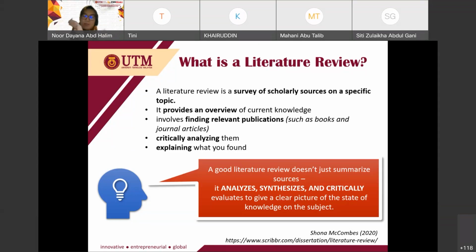Maybe some of you have chapter 6 for discussion. So you bring it again in the discussion part. That is called coherent. You have literature in chapter 2 and then you use literature again in chapter 5, or the discussion chapter, to support your findings.